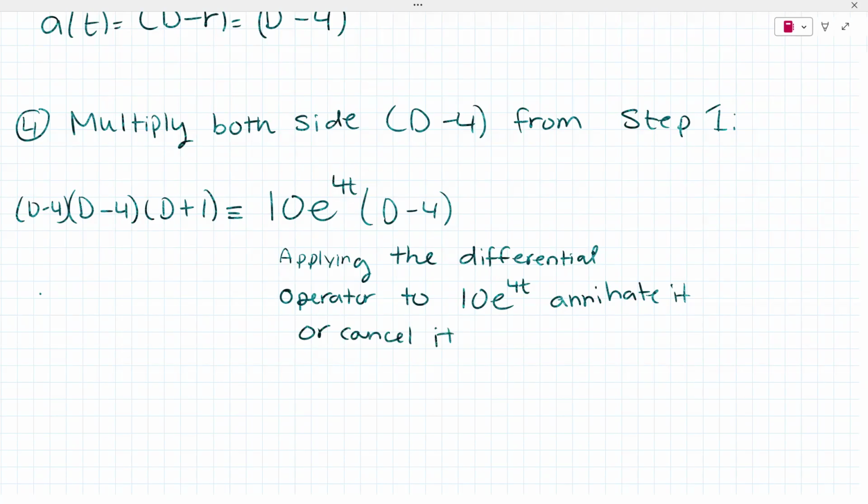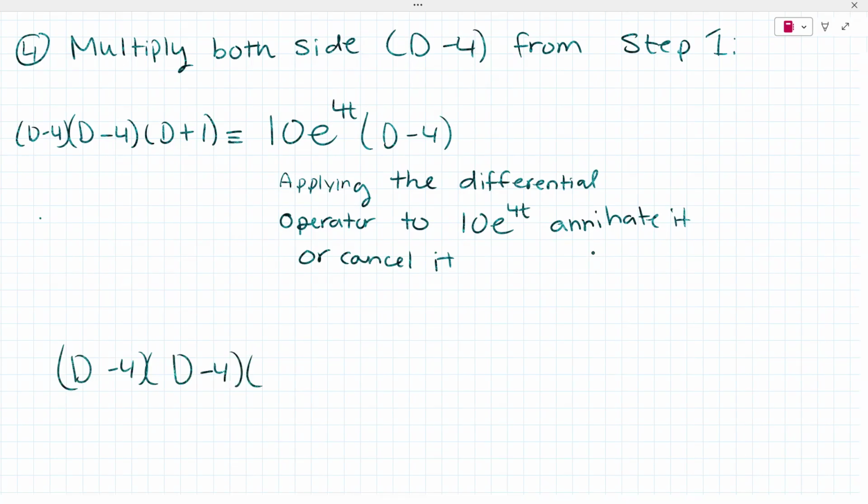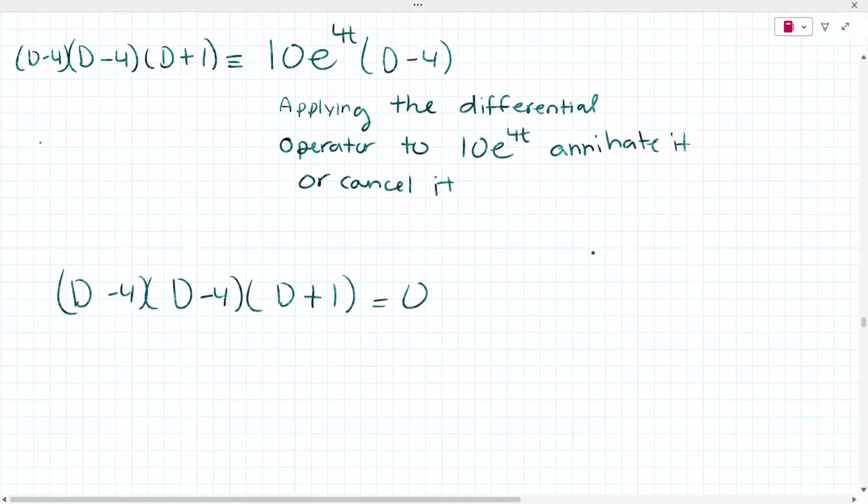Basically you set the right side to 0. So it's going to be d minus 4 times d minus 4 times d plus 1 equals 0. So now this is a homogeneous equation.